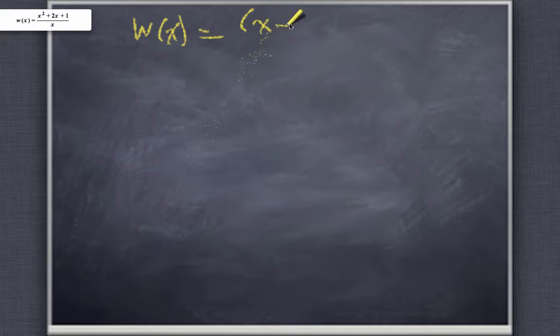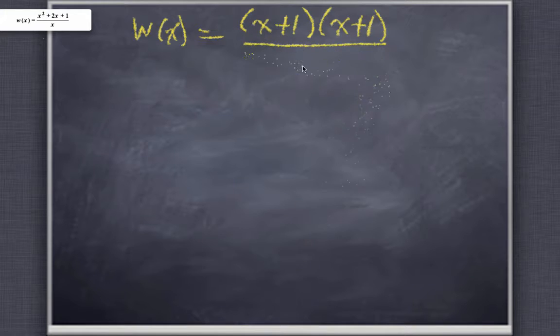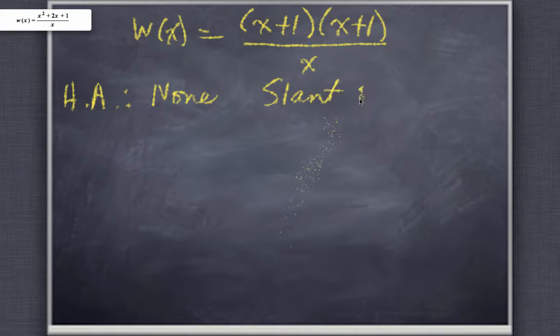The top factors as x plus 1 squared. And the bottom is just x, so nothing cancels. Horizontal asymptote: bigger on top, none. It's bigger on top by 1, so we will have a slant. We'll go find that in a minute.